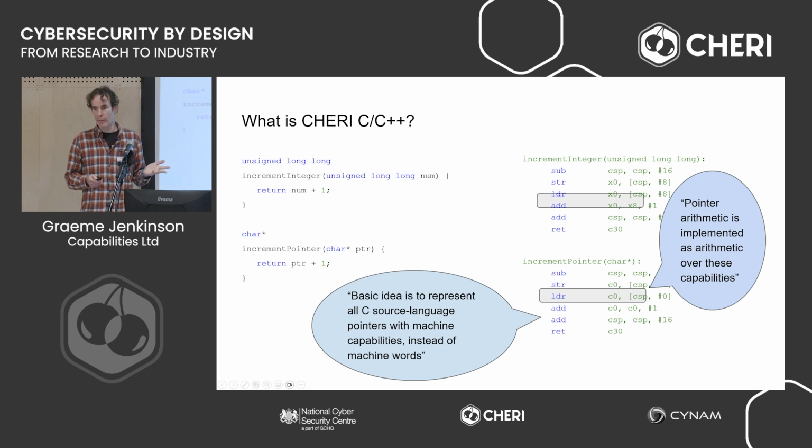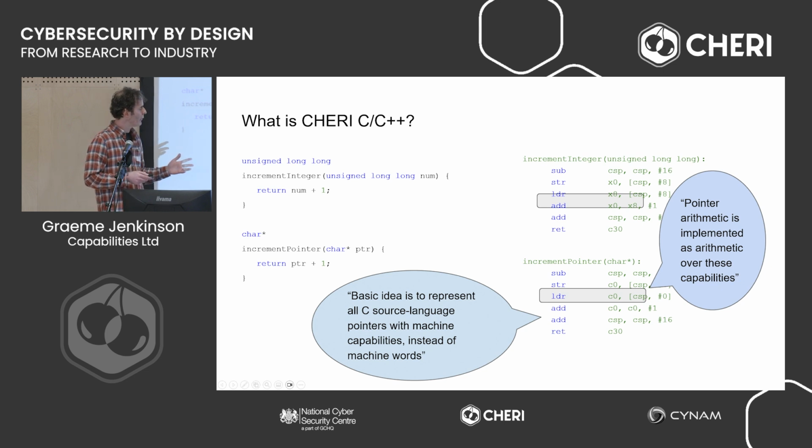So suddenly we get capabilities in the add. And if we looked at the decoding of that instruction, it's a completely different instruction. And it kind of has to be, because it has to be an instruction which can do all of this enforcement of the security properties that we want, making sure that bounds are respected, or making sure that when we manipulate capabilities, that permissions are respected, and all of that kind of stuff.